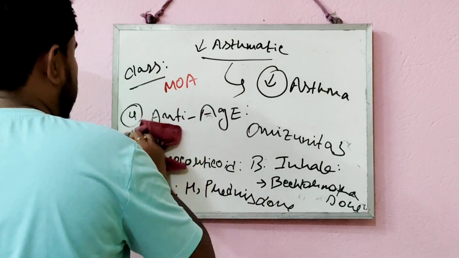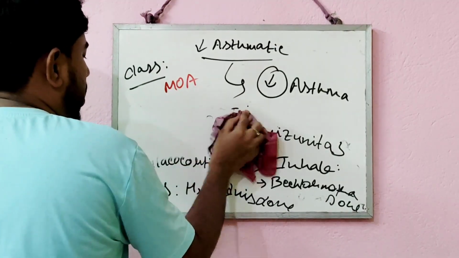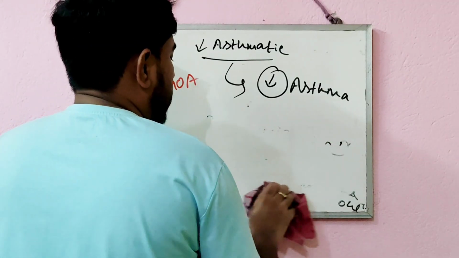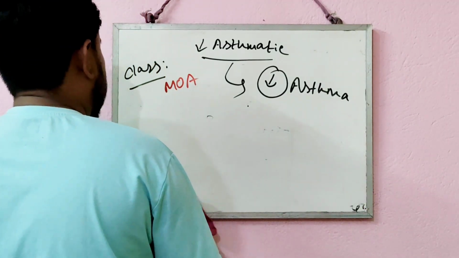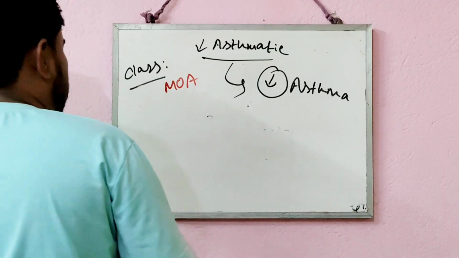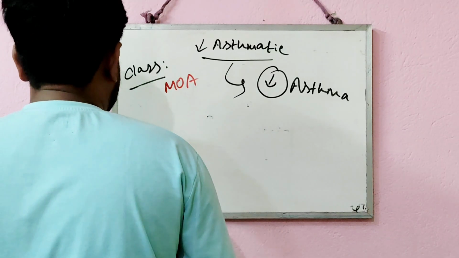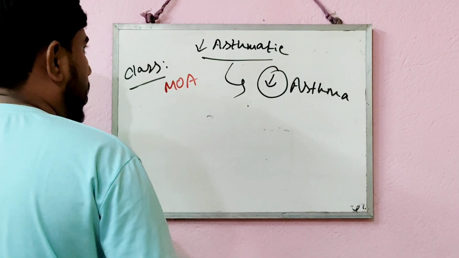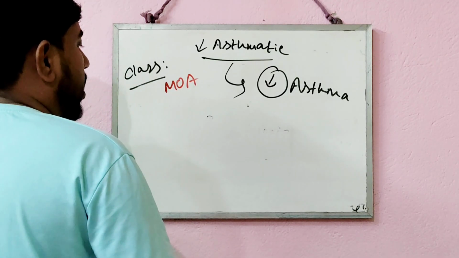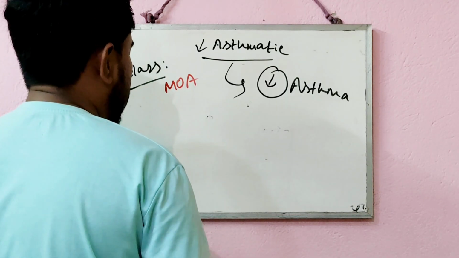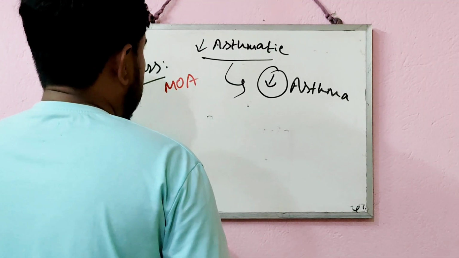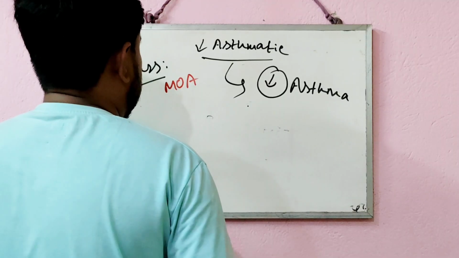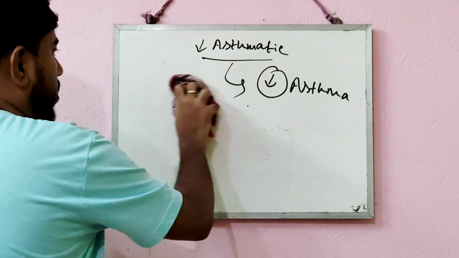So that was all the classification of anti-asthmatic drugs, where we studied bronchodilators and their subclasses with examples. Then the second type, leukotriene inhibitors. Then the third, mast cell stabilizer. The fourth, anti-IgE drugs with an example. And at last we discussed glucocorticoid anti-asthmatic drugs with examples of systemic and inhaled glucocorticoids. So that was the classification of anti-asthmatic drugs.